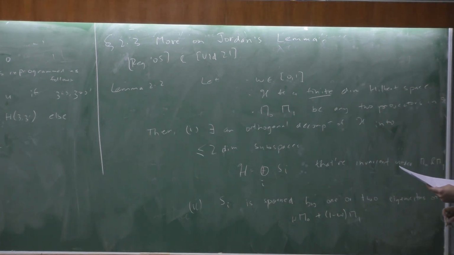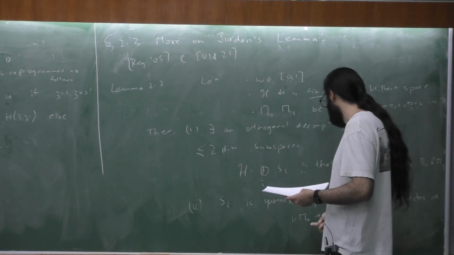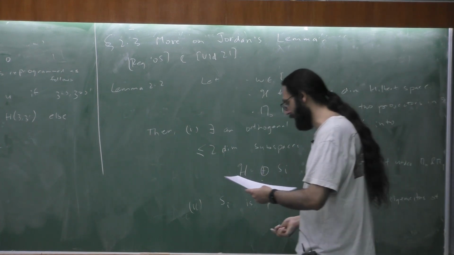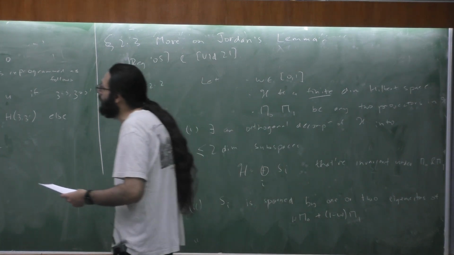So SI is spanned by 1 or 2 eigenvectors of this thing, is exactly what the statement says. And then the third, let me write the third here.